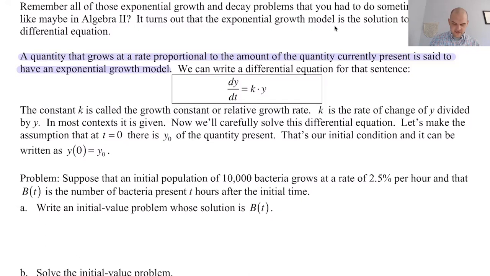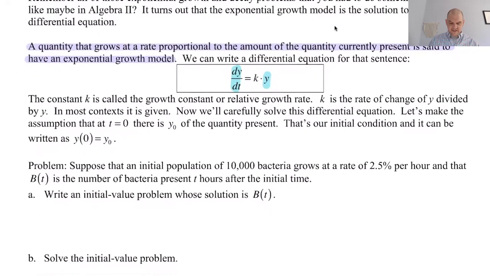So the rate of change of y is directly proportional to the amount that you currently have. So dy/dt, the rate of change of y with respect to time, is directly proportional, k times the amount you currently have, k times y. So this is an exponential growth model, and you're gonna need to know it. You use this kind of all the time.